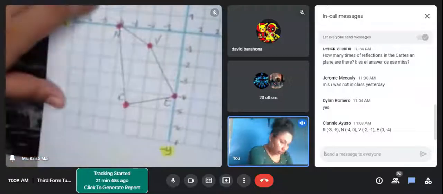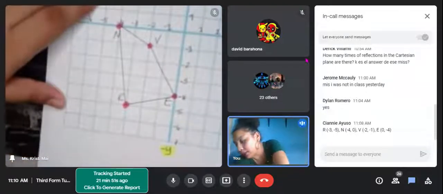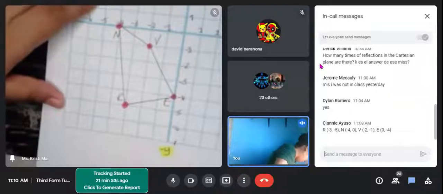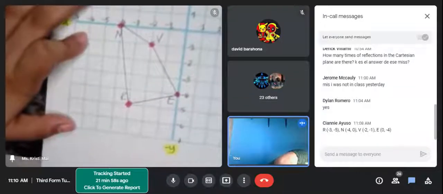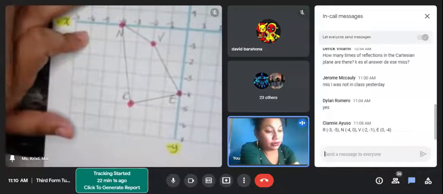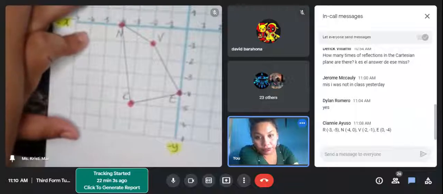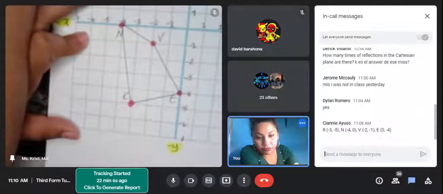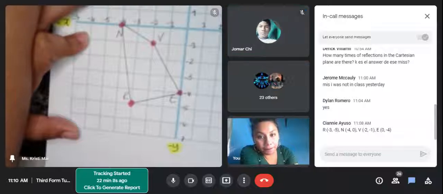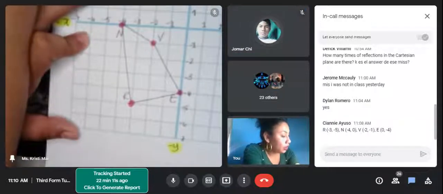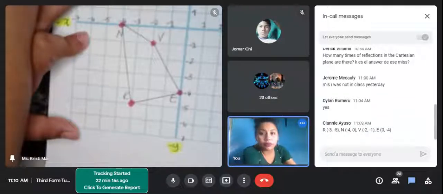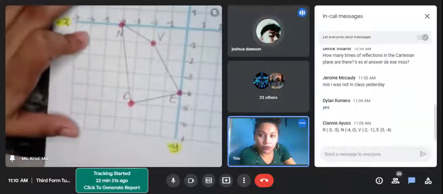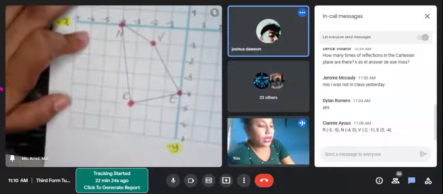That is the shape they're giving you. And then the question says reflected across what line? Y is equal to negative 1.